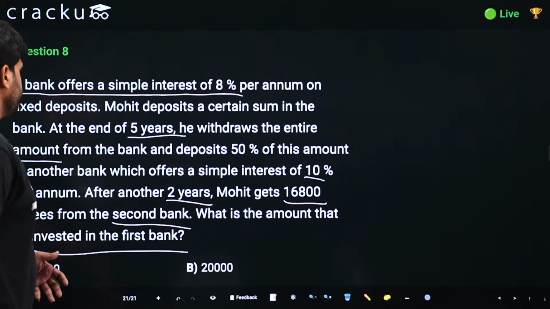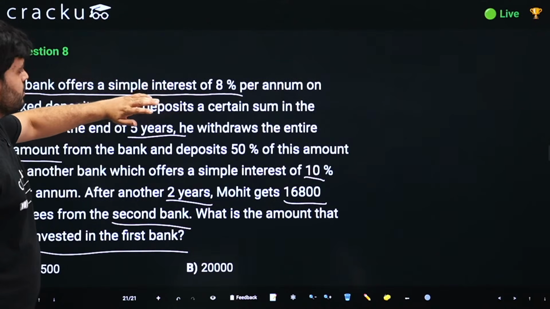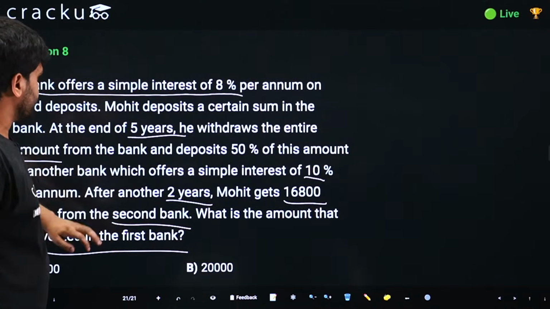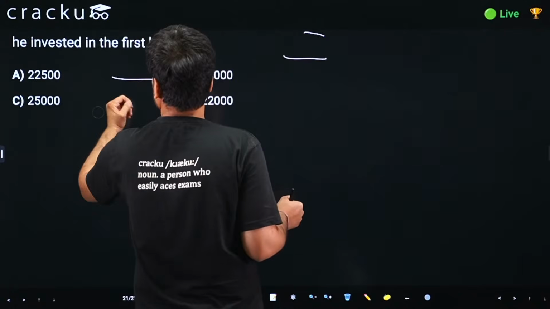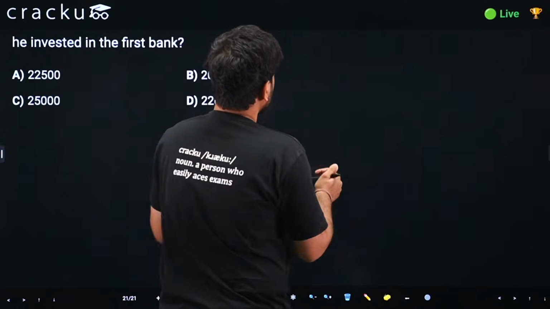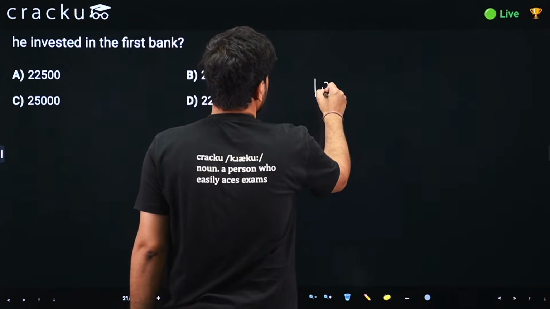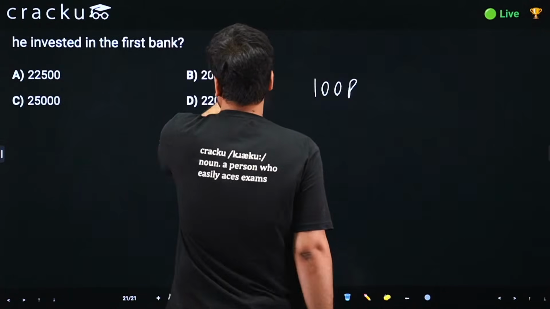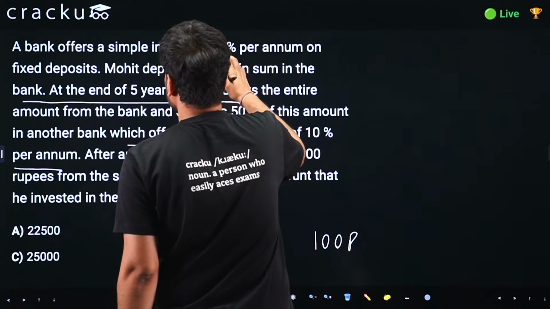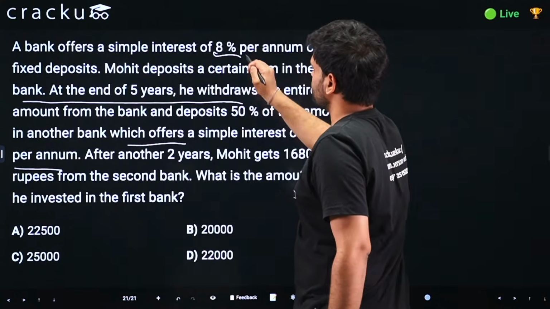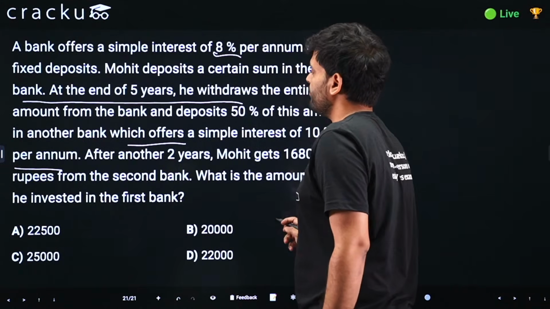So basically, we don't know the amount invested in the first bank, which is also what we are asked. So let us assume that amount to be 100p. So he gets 8% simple interest on 100p every year.